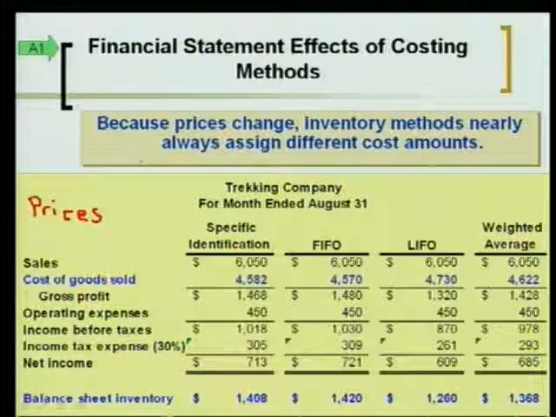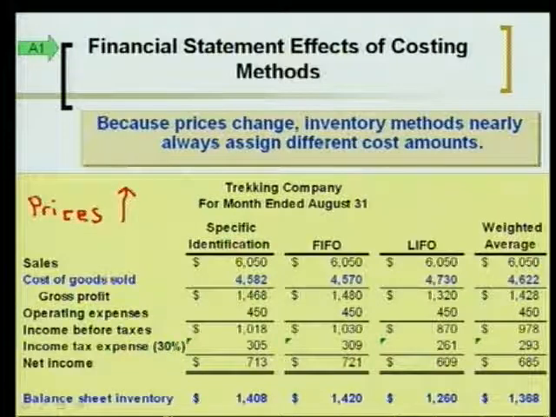Over time, generally speaking, do prices go up or down? Generally speaking, there is inflation and prices go up. And that is the case for this example. Prices over time went up. What do I mean by that? That means that as they bought this inventory, their most recent purchases were more expensive than the previous one.